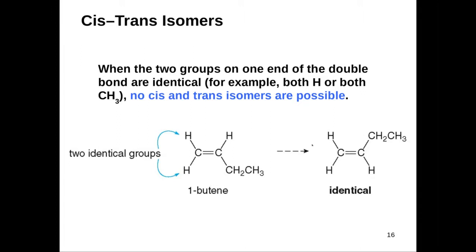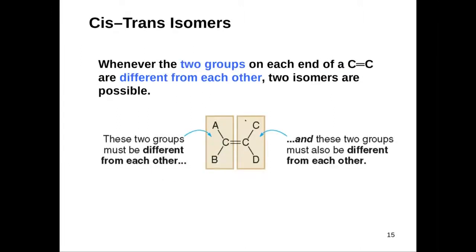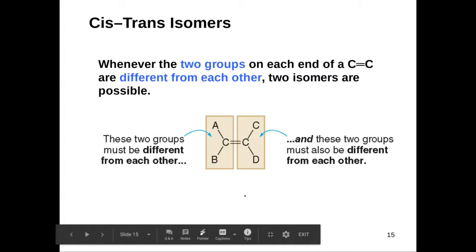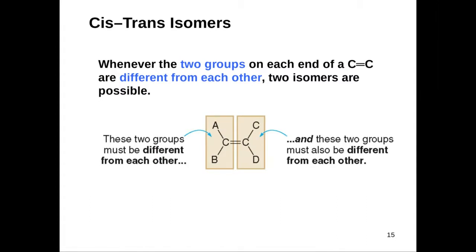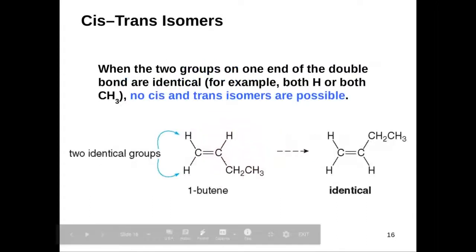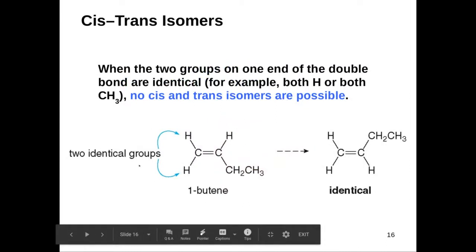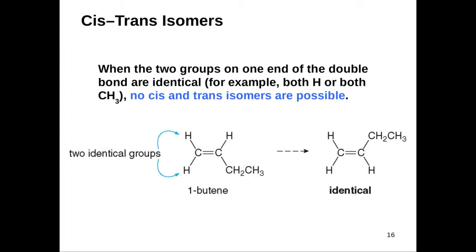So you don't need to account for this at all. But again, if A and B are different and C and D are different, then you can have two distinct isomers. But when A or B is the same, or C or D is the same, there are no possible isomers here.